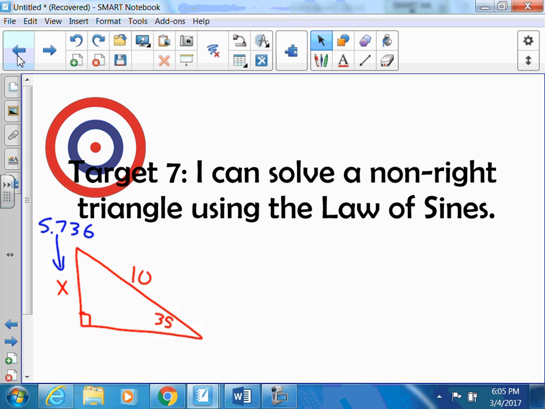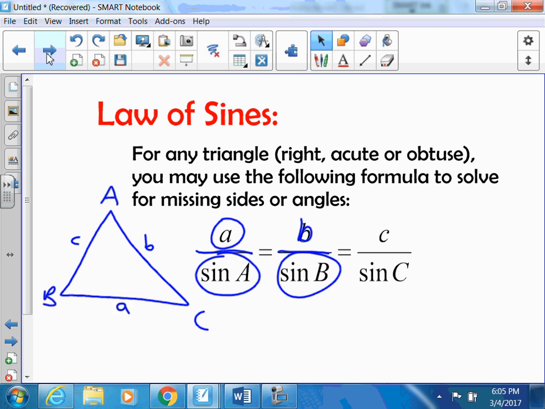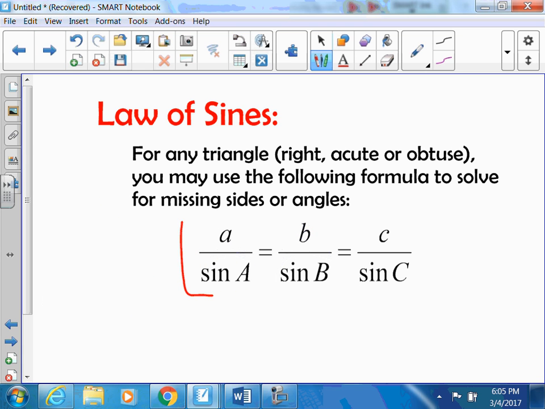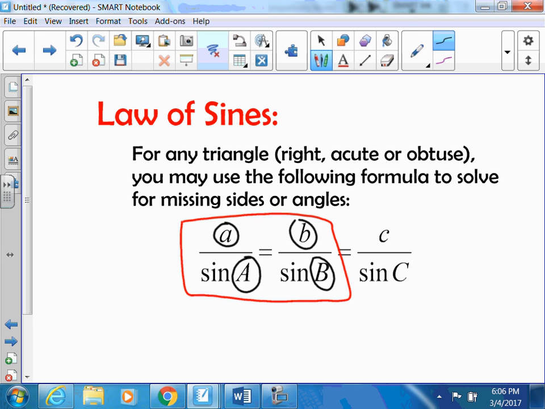Here, we're going to find x using law of sines. First off, if we're going to do law of sines, we have to have a side and an angle opposite of each other that we know. If you look at the formula, and we just focus on these two ratios, within those two ratios we have four things.